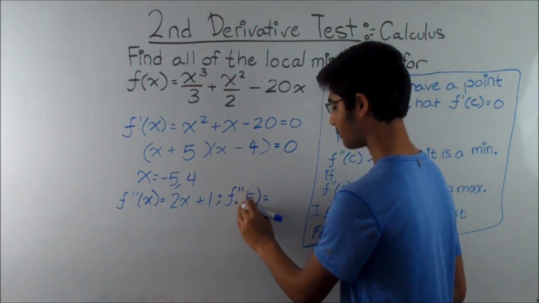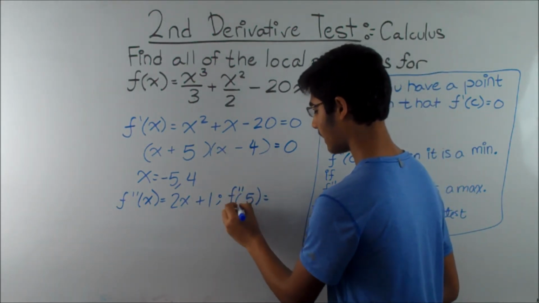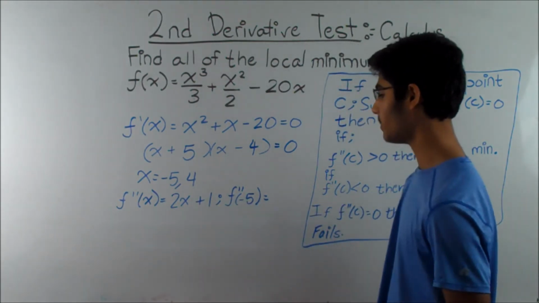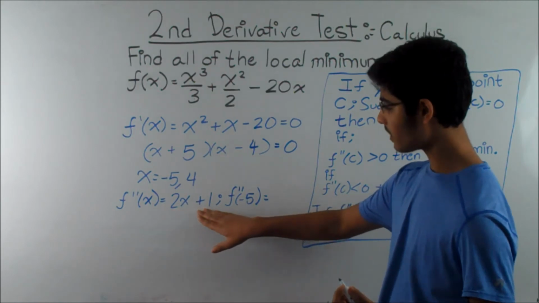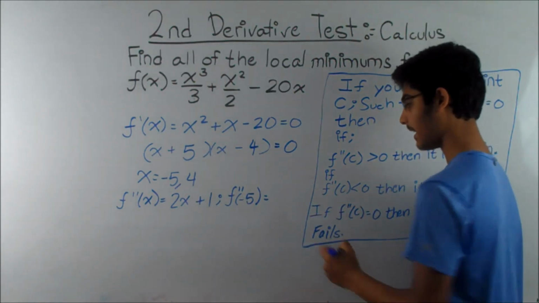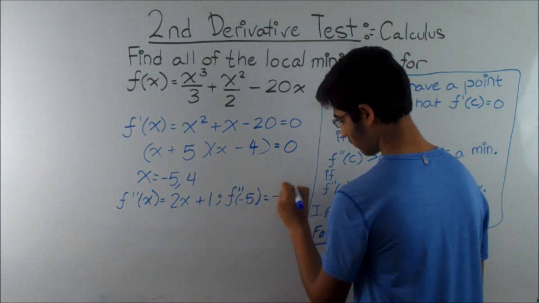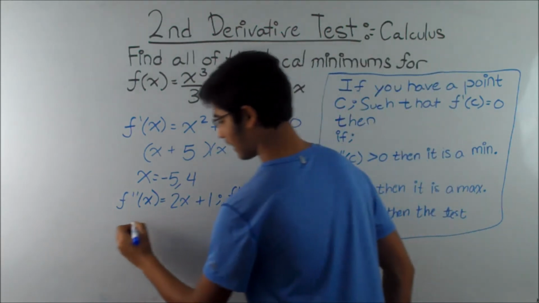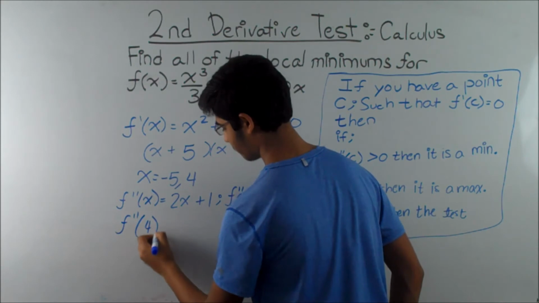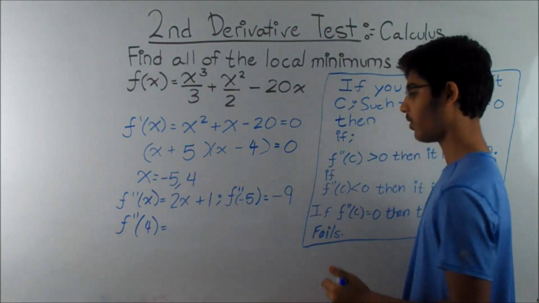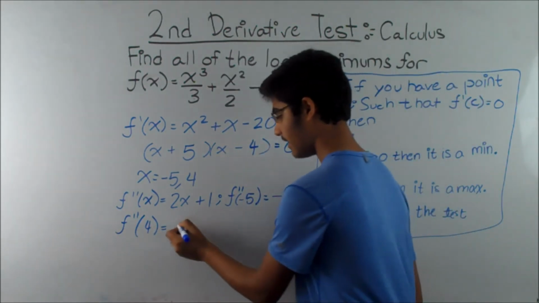F double prime of negative 5 would be equal to negative 5 times 2 is negative 10, plus 1 is negative 9, and f double prime of 4 is equal to 4 times 2 is 8, plus 1 is 9.